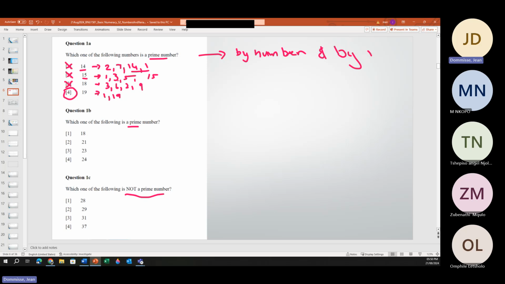If you look at 14 and you see 2 is in it, then you can go to the next number already. You don't need to write down all the factors that will go into 14. You can just say, well, 2 goes in there, so it's more than just 1 and 14.